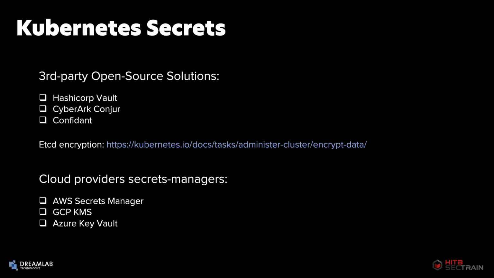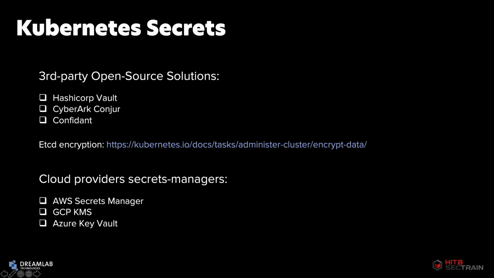And this means that if an attacker compromises the etcd cluster, he can just dump all the information in the etcd and get the secrets as well. So here is a link to the official Kubernetes documentation where they explain how to encrypt the etcd. So regardless, it is good to encrypt the etcd if you can do it in your cluster.